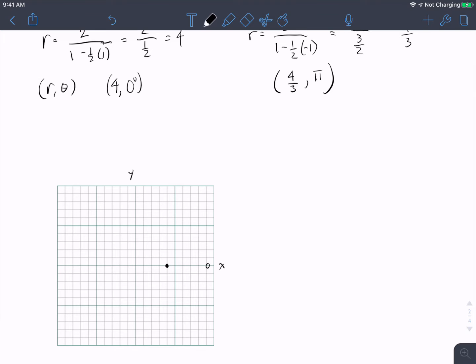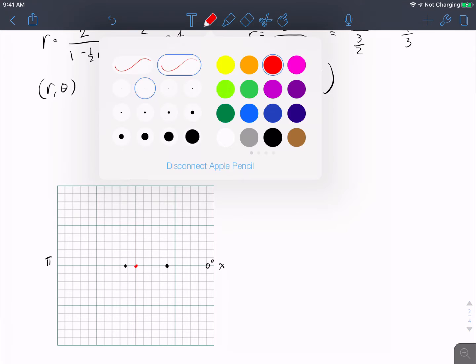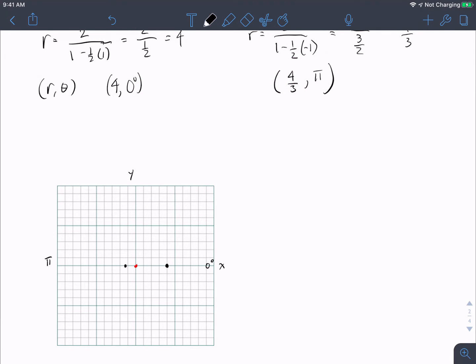So this is 0 degrees, this is pi over here. So we're actually going to be on the negative side right there. Remember the pole, that's the pole right there, and so that distance is 1 1/3 distance from the pole.